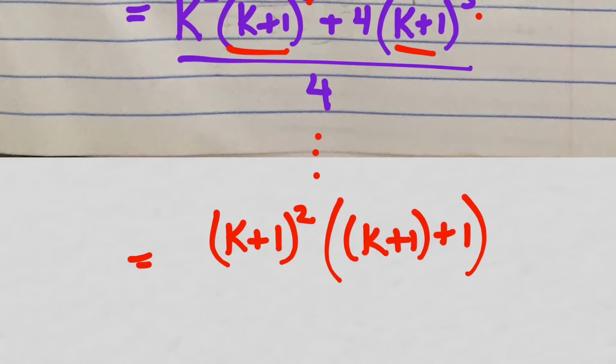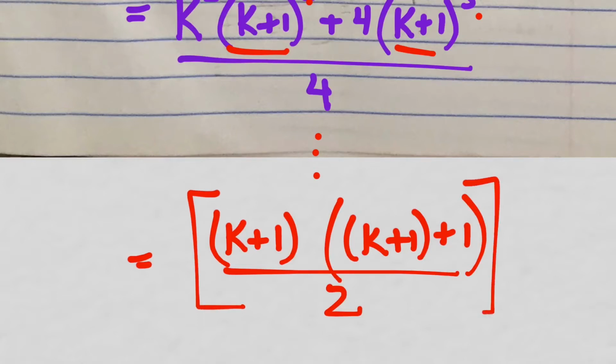Oops, I want to change that a little bit. I don't want that in there. Okay. Over 2, and then this whole thing squared.